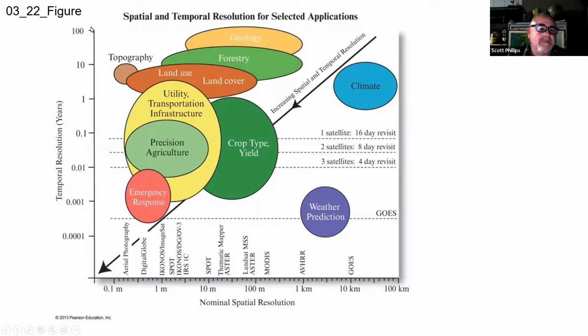You might need a view like every 100 years. But if you're doing emergency response, then you need a much more rapid turnaround of times, on time scale. If you're studying climate of the Earth, you don't need a super high resolution because you're studying the whole Earth. But again, if you're doing like topography or utilities, you need a finer detail. So there's trade-offs depending on the application that you're using it for.